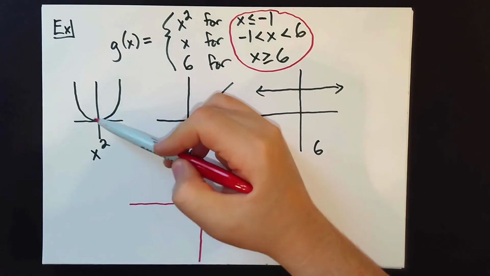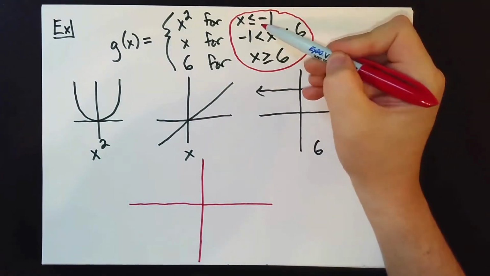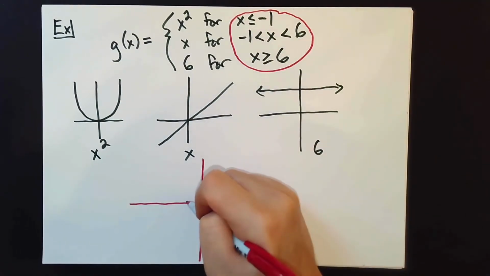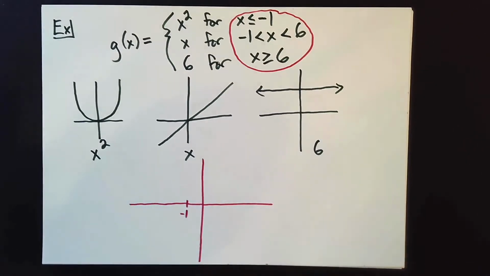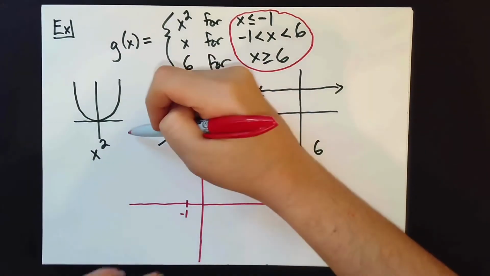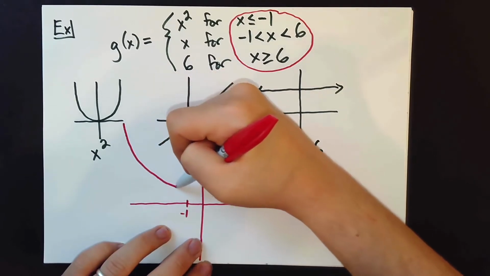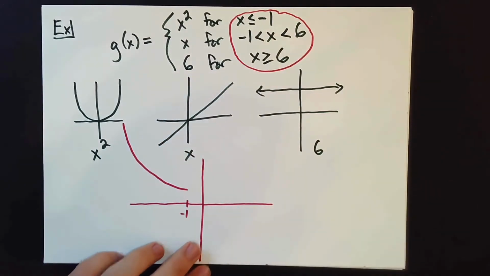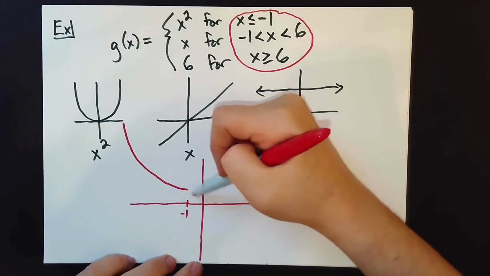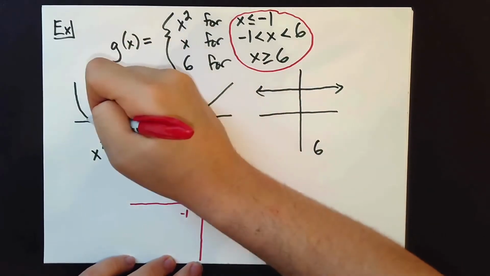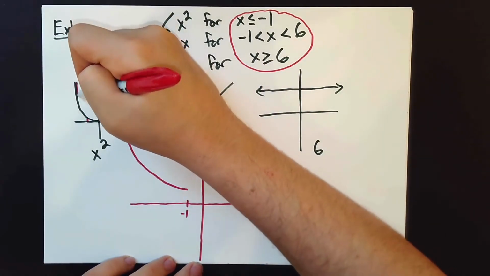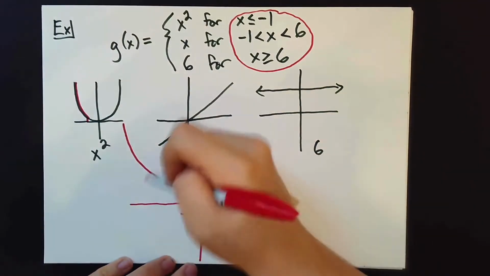It tells me up until the input -1. So I'm going to go ahead and put -1 here on the graph. And so I'm going to have something that looks like that. Again, this is a parabola. It's this piece of this parabola. That's where that came from.